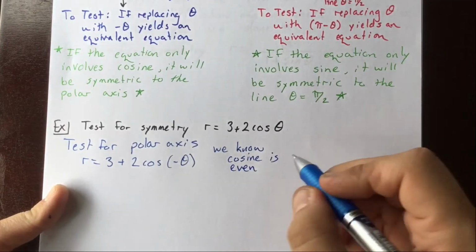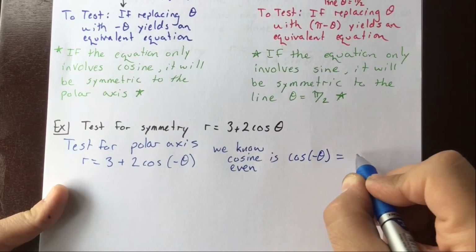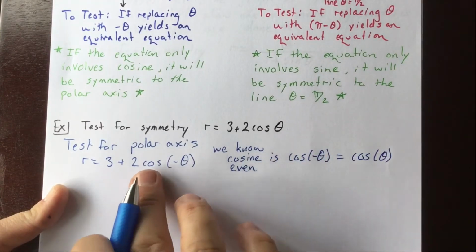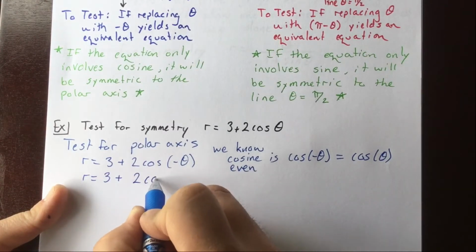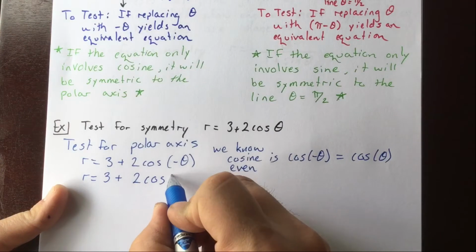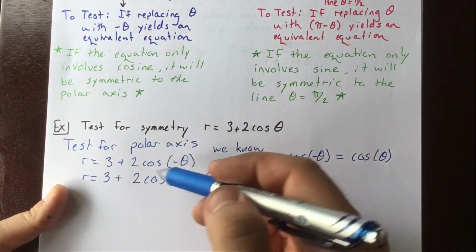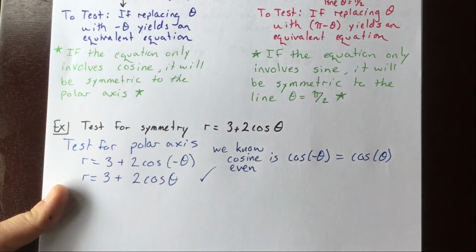Why that's good for us is because cosine of some negative angle measure is equivalent to cosine of the positive angle measure. So what we can do here is rewrite this as if that negative theta was not there. And there we go. Yes, we got an equivalent relation. Yes, it is symmetric to the polar axis.